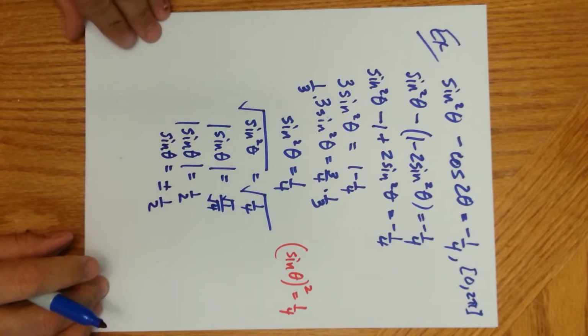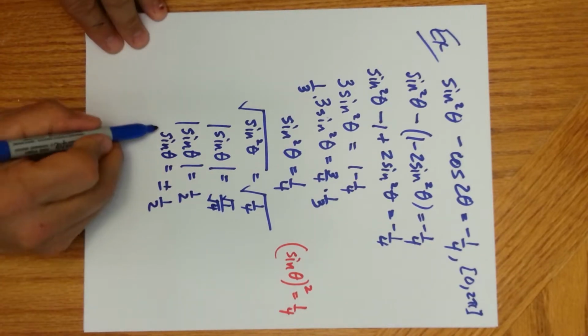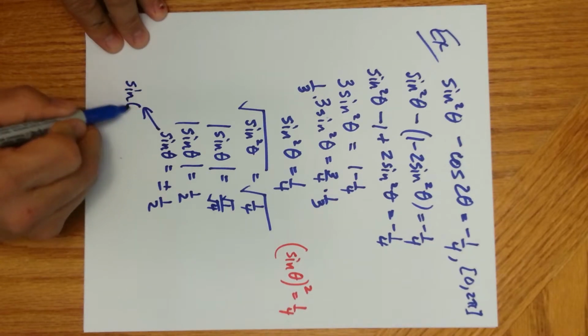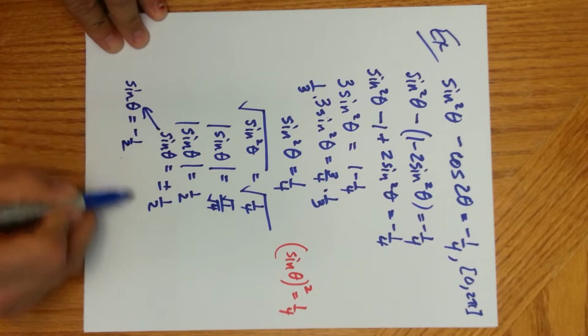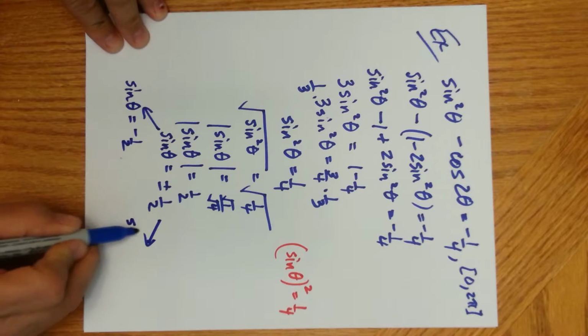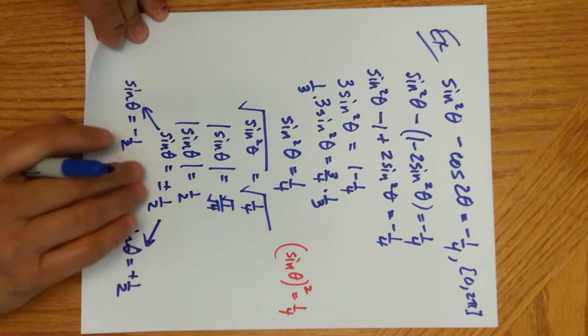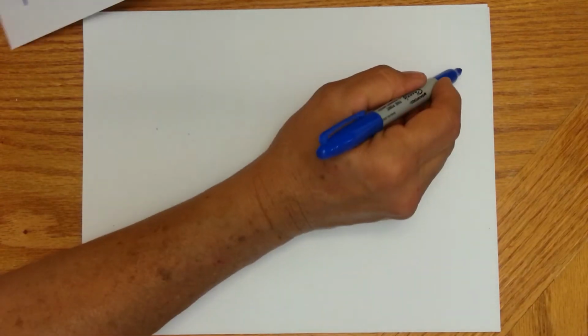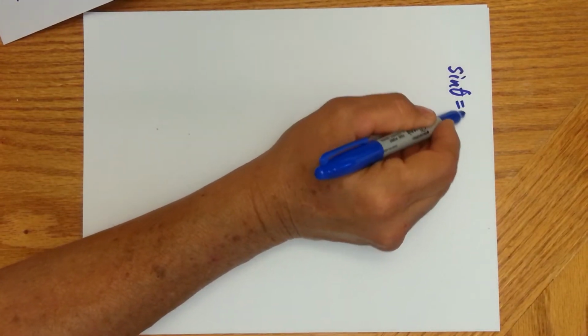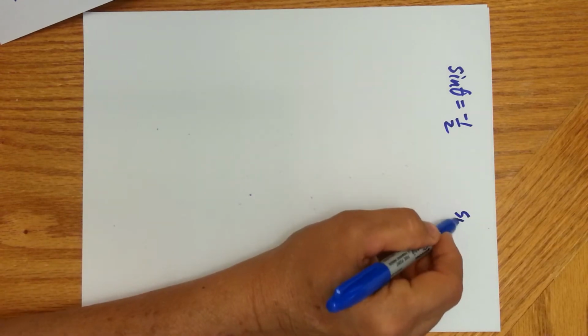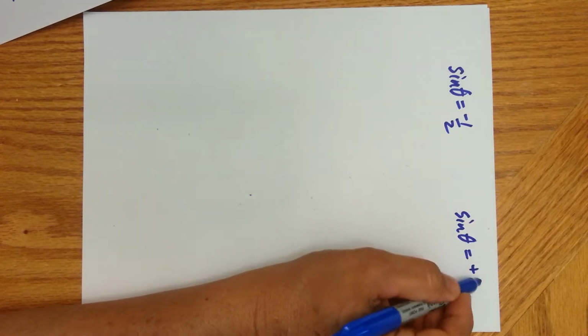So now I've got to solve two separate things: sine theta equal to -1/2 and sine theta equal to positive 1/2. On the next page we'll carry that over. I'm going to make that a bit cleaner. So if I look at sine theta equal to -1/2 versus sine theta equal to positive 1/2.